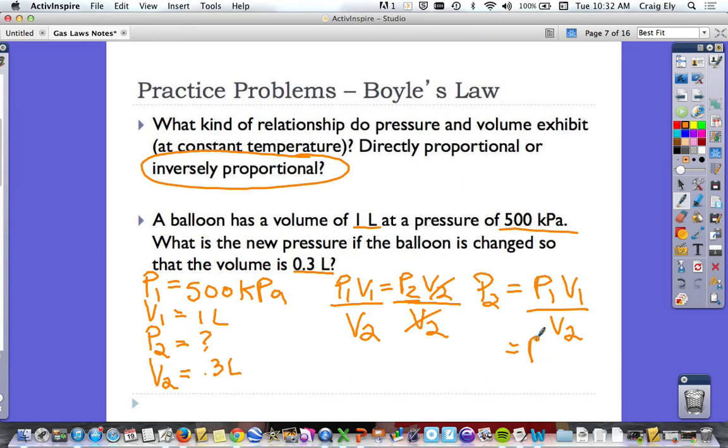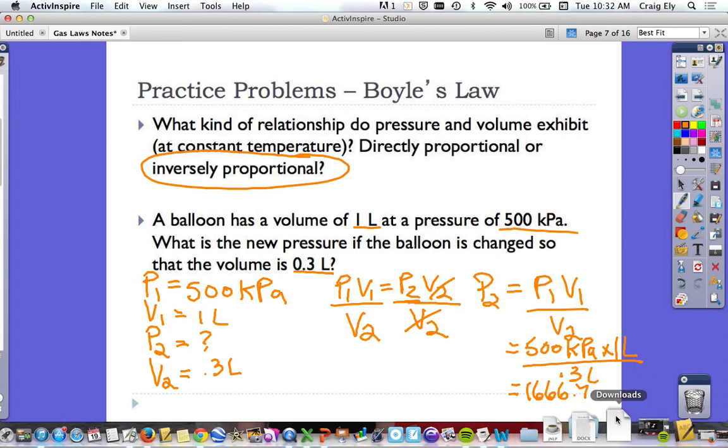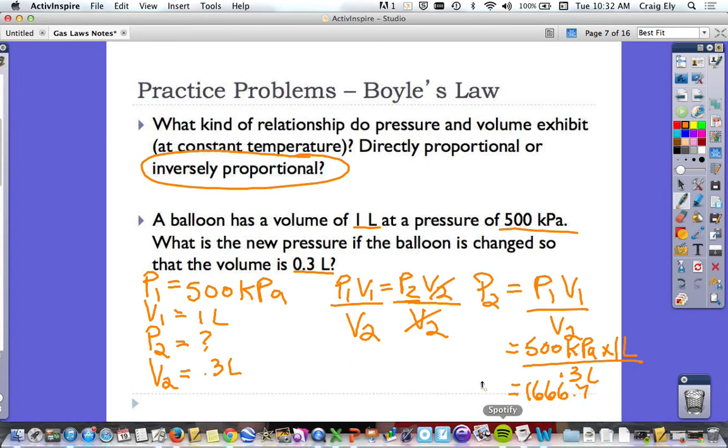My first pressure is 500 kilopascals, times my beginning volume of 1 liter, divided by my ending volume, which is 0.3 liters, and that gives me 1,666.67, so we'll round that to 1,666.7.